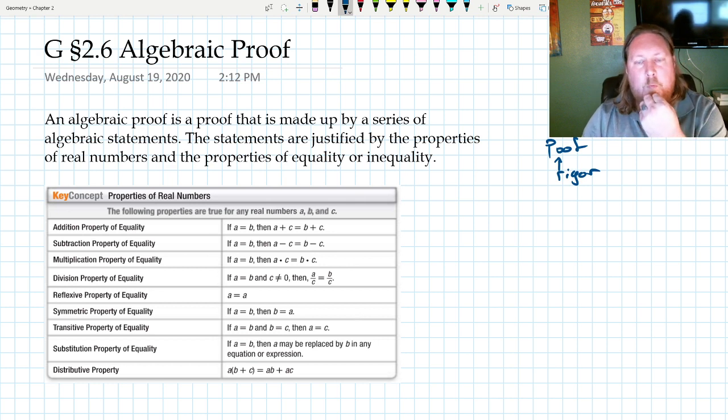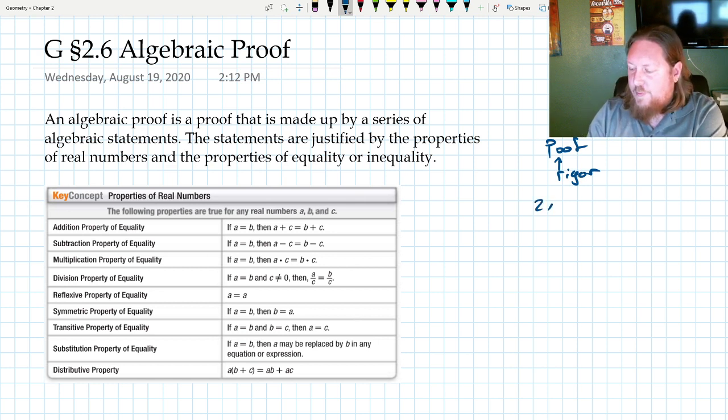So most of the time, if you have 2x plus 3 equals 5, you subtract 3 from both sides, you get 2x equals 2, divide both sides by 2, and then you get x equals 1. And you say, yeah, that's my answer.